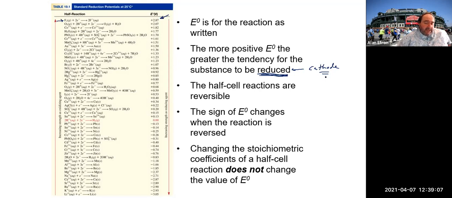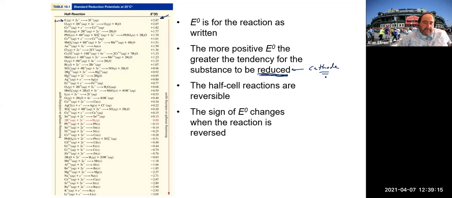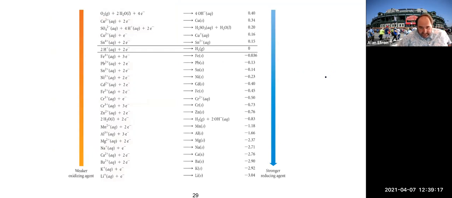These half reactions are reversible. When you reverse a reaction, you basically change the sign of it. So earlier, let's see if we can find it, right there, zinc. Earlier we were talking about zinc being our anode, right? And if we look at this reaction, again, it's written as a cathode.